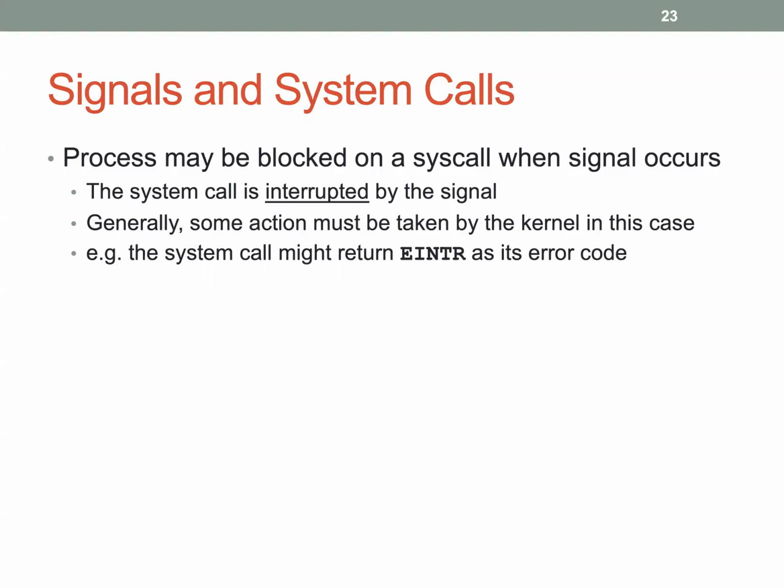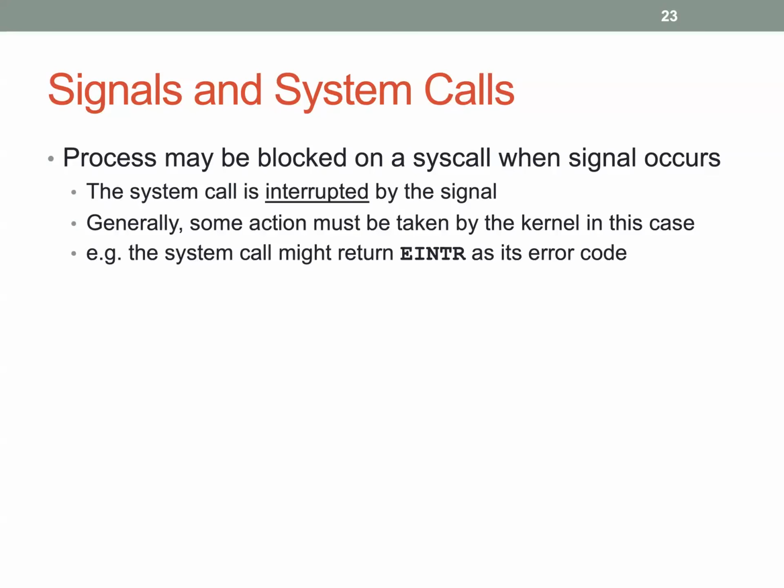Do we leave it in the disk queue? We have to become ready. Do we record that we were in the disk queue, and then when the signal is delivered, we go back? That's fraught with a lot of peril for reasons that I may try to show you in the remaining slides. But the bottom line is the kernel actually doesn't leave it in the disk queue.